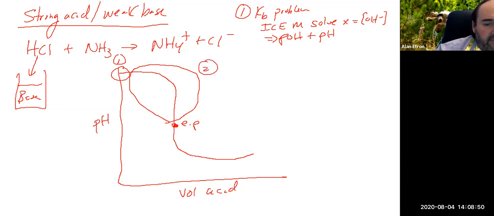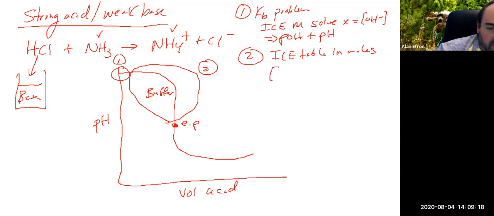In this case, if you remember as well, we actually do end up with a buffer in this region. That's because when it's all said and done, we will have our weak base left over and our conjugate acid there, which requires you to do an ice table in moles.